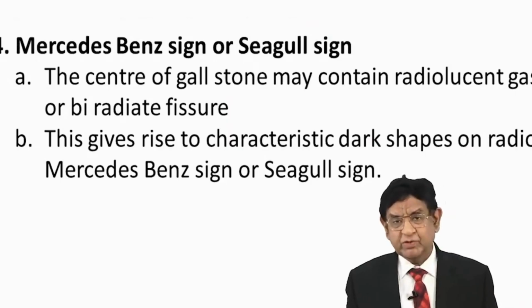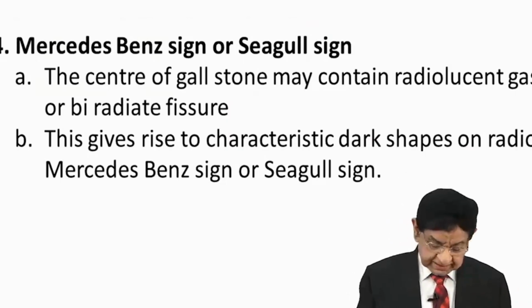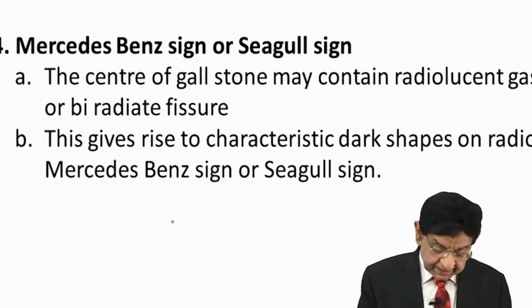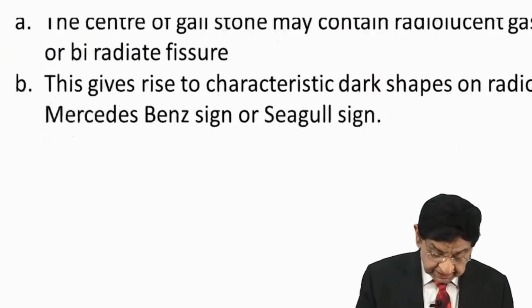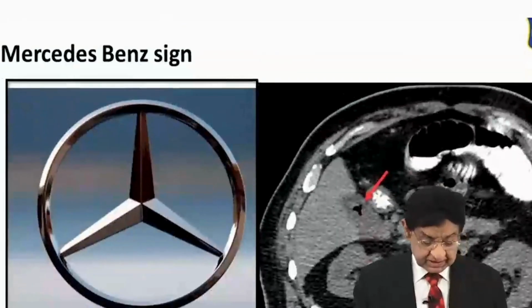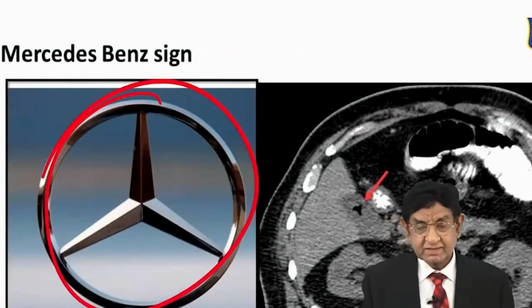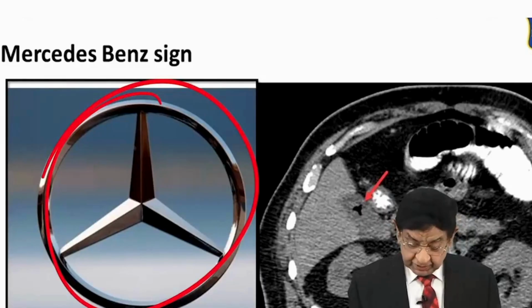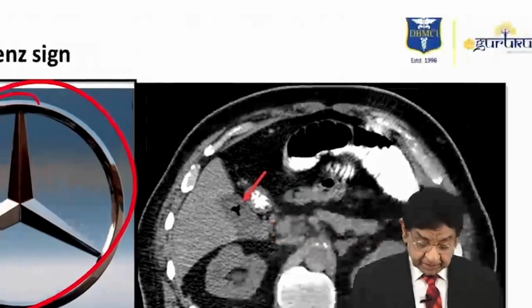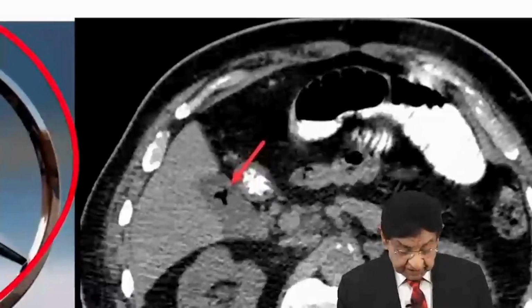What is that? When you are doing an X-ray, you can see something like this. This is the popular Mercedes-Benz car, okay, and you can see a similar type of shadow here, maybe in CT also, maybe X-ray also.